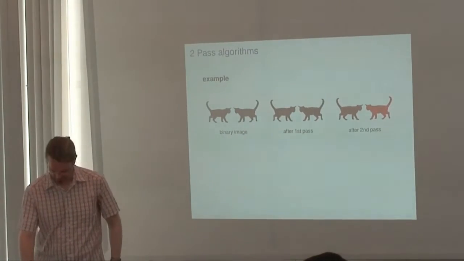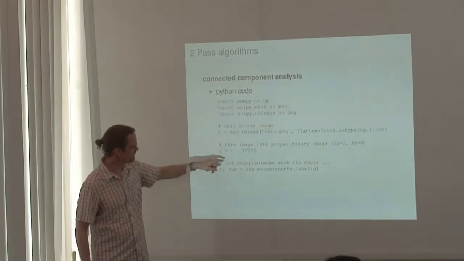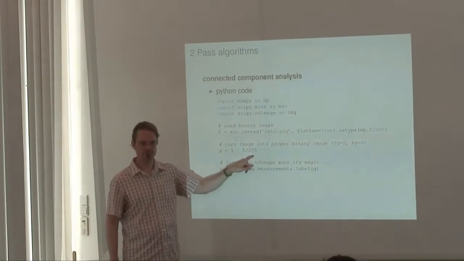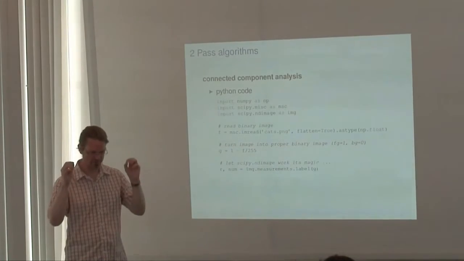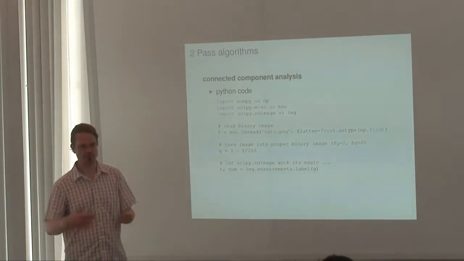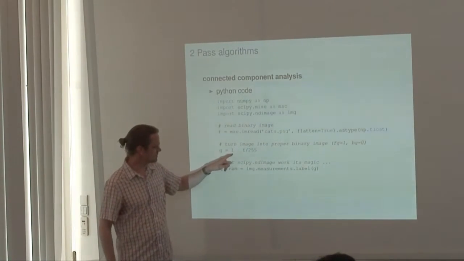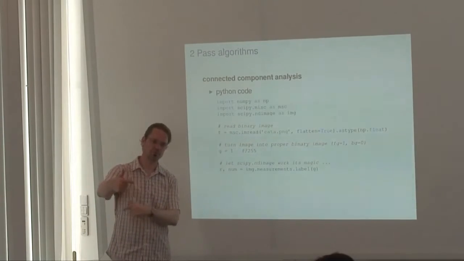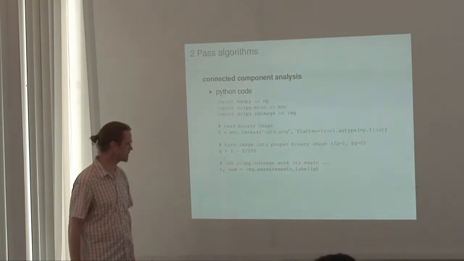So therefore I have this conversion here. I read the image, divide everything by 255, which has the effect that the white pixels will now have a value of 1 and the black pixels will still have a value of 0, because 0 divided by 255 is 0. And then I subtract this from 1, and that inverts it, and this is now a true binary image in the sense we always talk about.